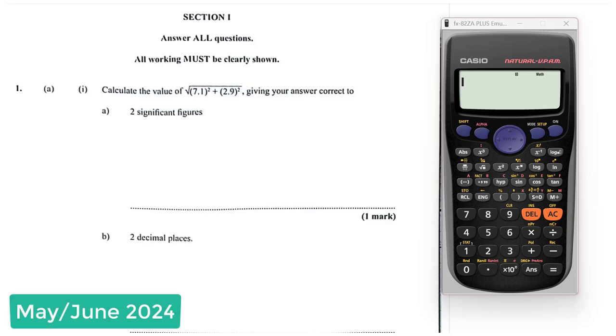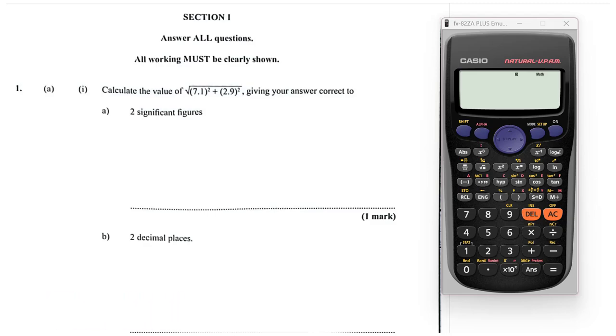Calculate the value of the square root of 7.1 squared plus 2.9 squared, giving your answer correct to (a) two significant figures. So we're going to enter this directly in our calculator: 7.1 squared plus 2.9 squared. We're going to round it off to two significant figures.